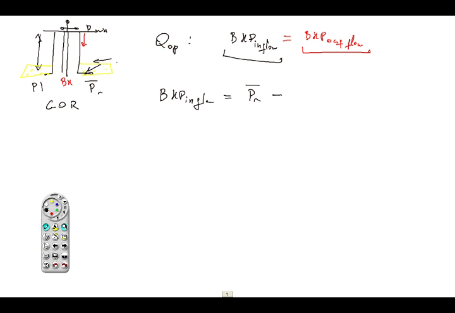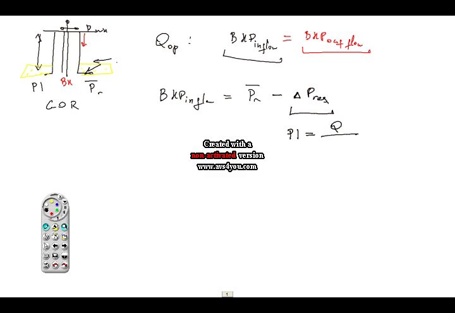We call these pressure losses across the reservoir the drawdown, and by definition of productivity index, it is equal to rate divided by drawdown. So I can write down here that my bottom hole inflow pressure will be equal to my reservoir pressure minus rate divided by productivity index. This equation here describes inflow bottom hole pressure.